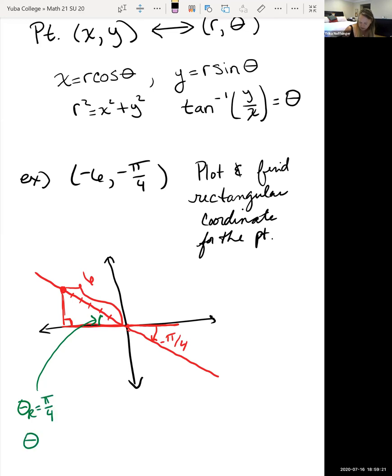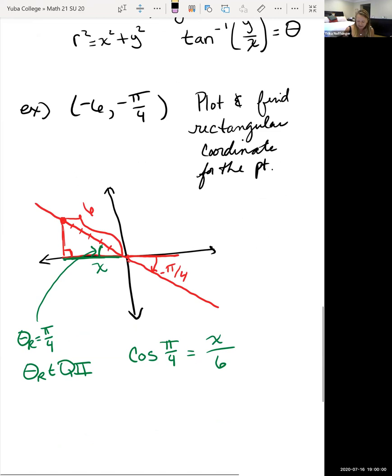And we're in quadrant 2, so we have to be careful about the signs of our x and y, or trig functions. And so we know that x, again, is equal to r times cosine theta. Or another way to look at it is cosine theta, which is pi fourths, is equal to the adjacent side, which is x, all over the hypotenuse, which is 6.